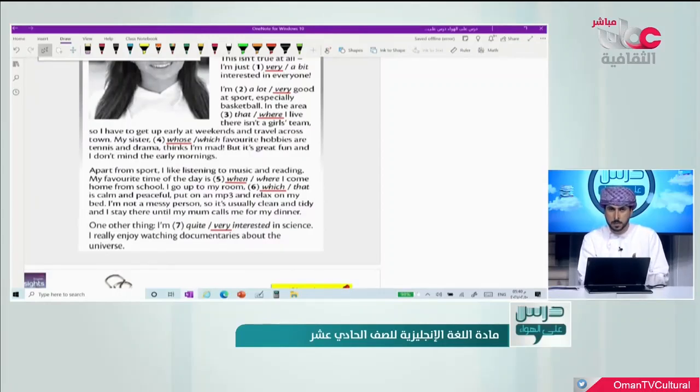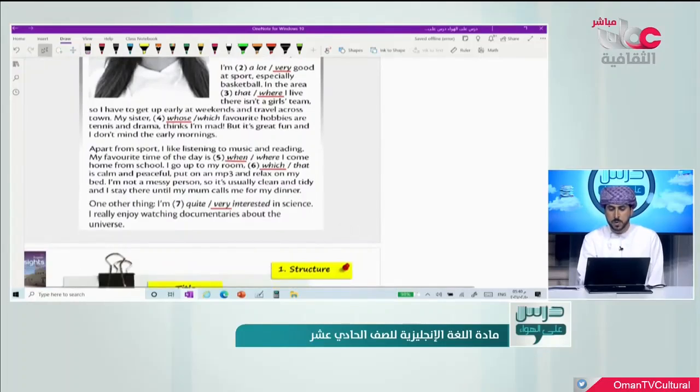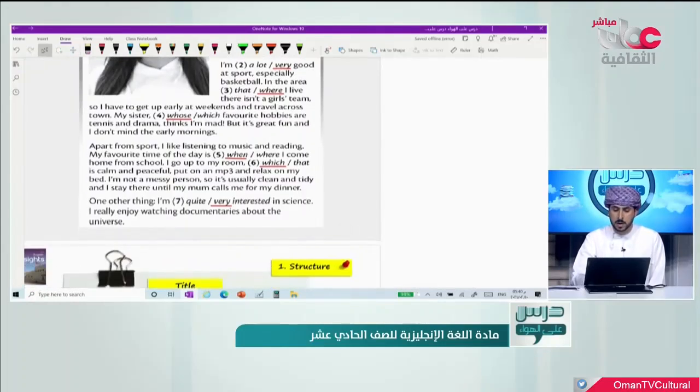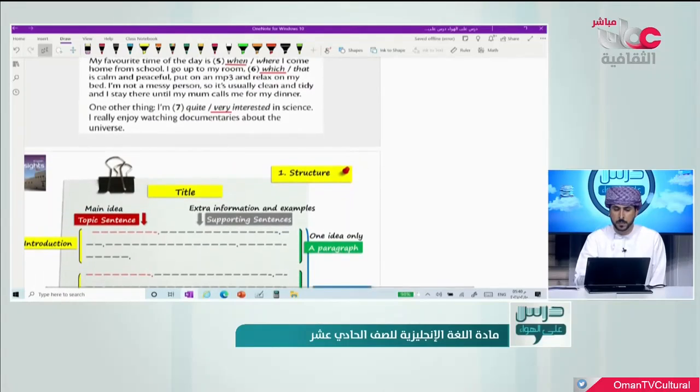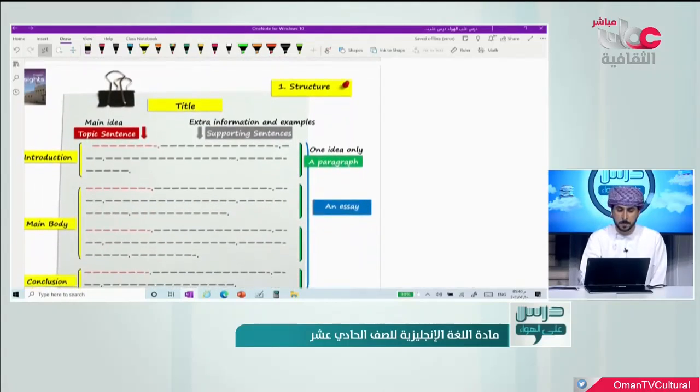In the first step, we are going to learn the structure or the layout of the piece of writing that we are going to write. And then the second one, we are going to learn how to plan to write such writing. And finally, we will start writing the essay.